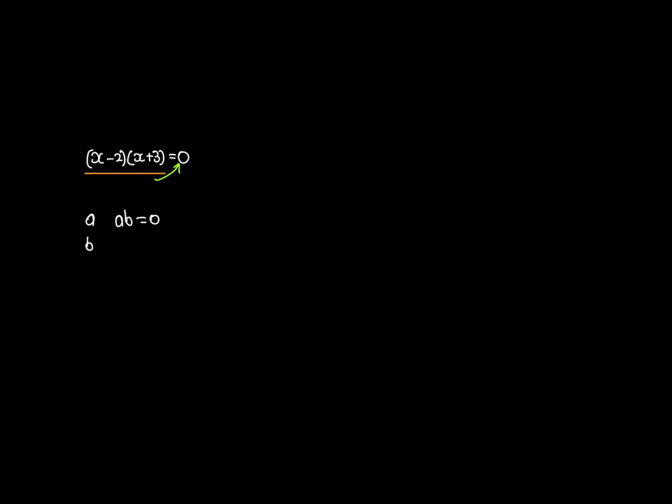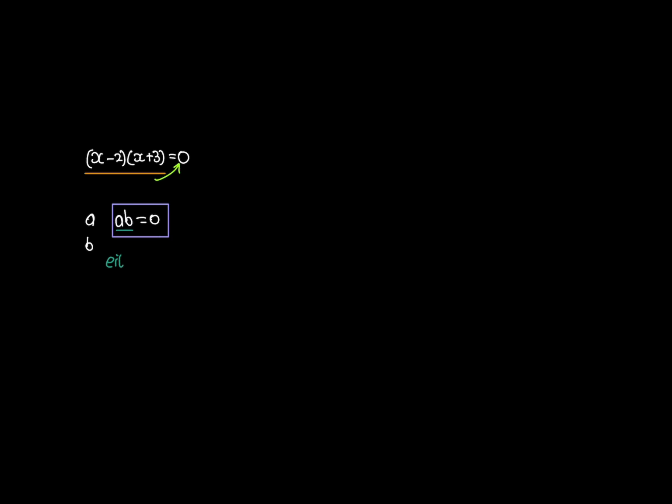If you thought about it for a while, you will realize that in order for AB to be 0, either A or B or both has to be equal to 0.